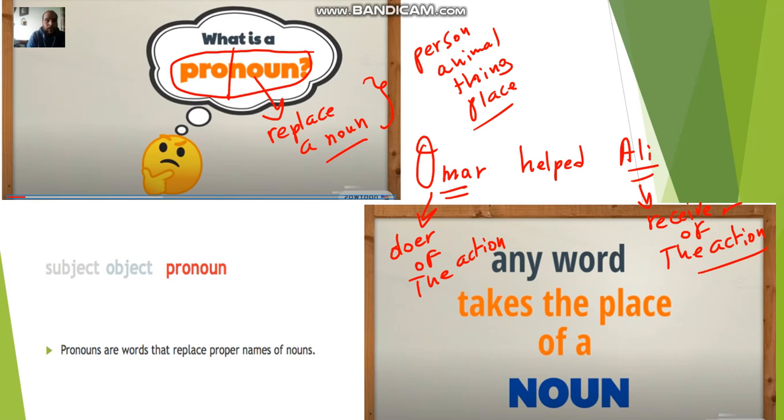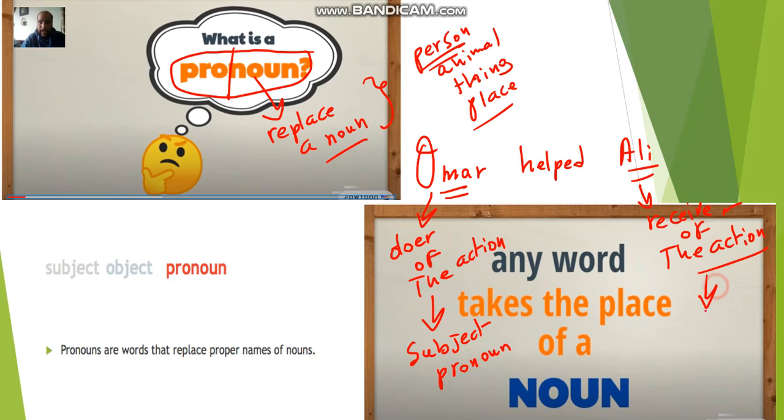Now pay attention. We have two names, two nouns, because we have said here a person. Are we going to deal with the two people the same way? No, we're not. The doer of the action is gonna be a subject pronoun because the subject is the one who is going to do the verb.